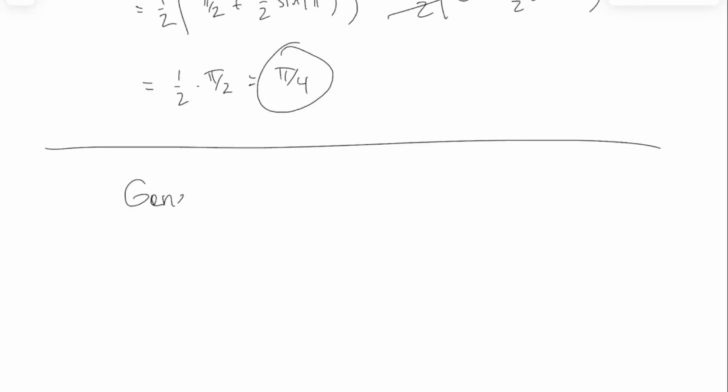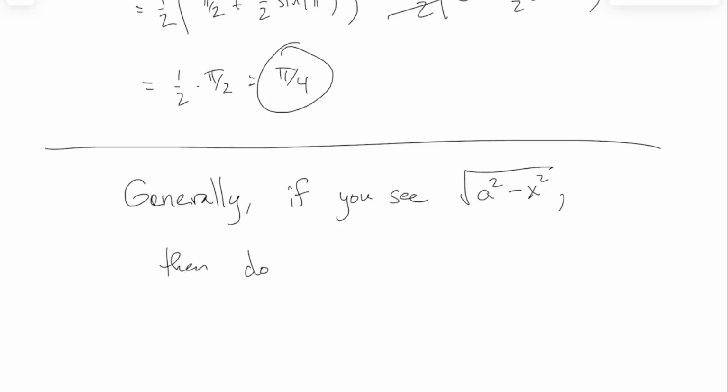So generally, if you see square root of 1 minus x squared, but actually it doesn't have to be a 1 there. It should be some number squared, which kind of represents the radius of a circle. If you see something like that, then do x equals a sine theta.